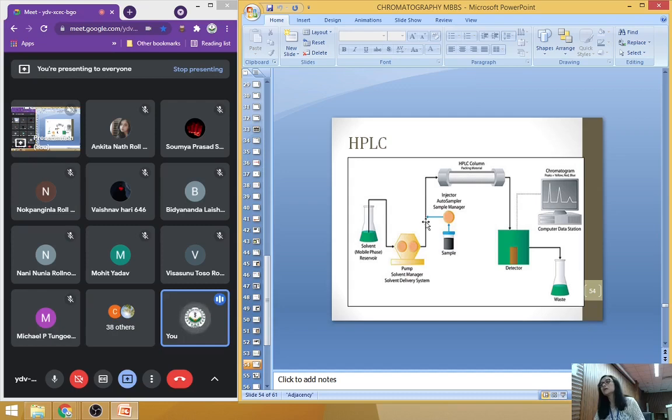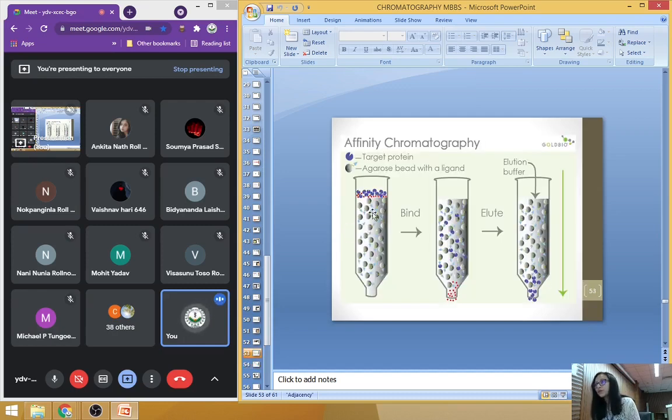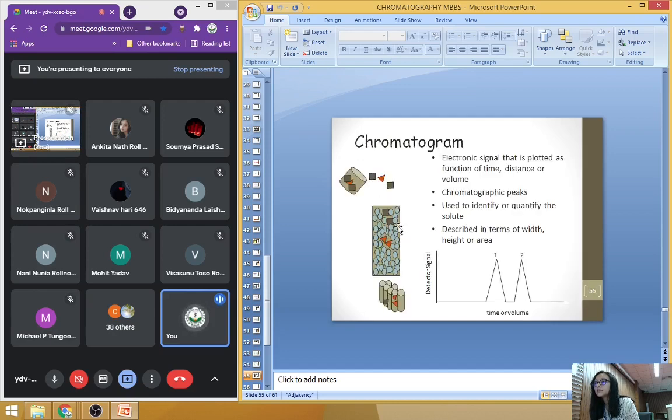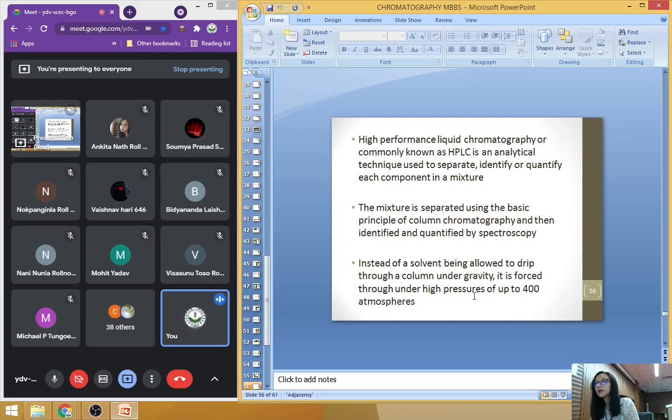In column chromatography, in the others, you just let the mobile phase and the sample mixture pass through the column slowly. Whereas in high performance liquid chromatography, we use a very high pressure.